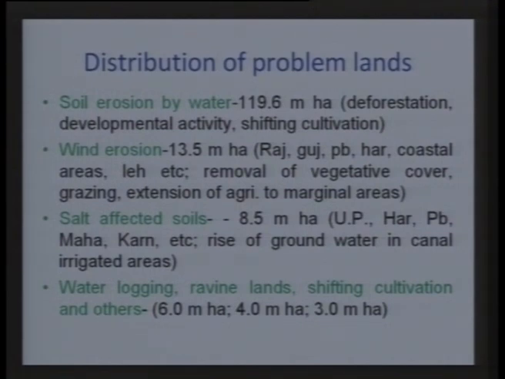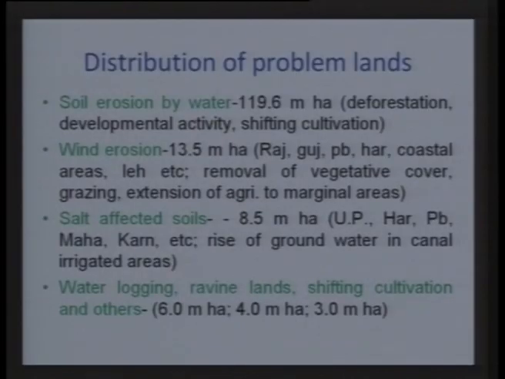This is mainly because of the deforestation which is taking place, the developmental activity, and the shifting cultivation which is practiced in many parts of the country. So the very precious topsoil of the land resources is being eroded by the water.